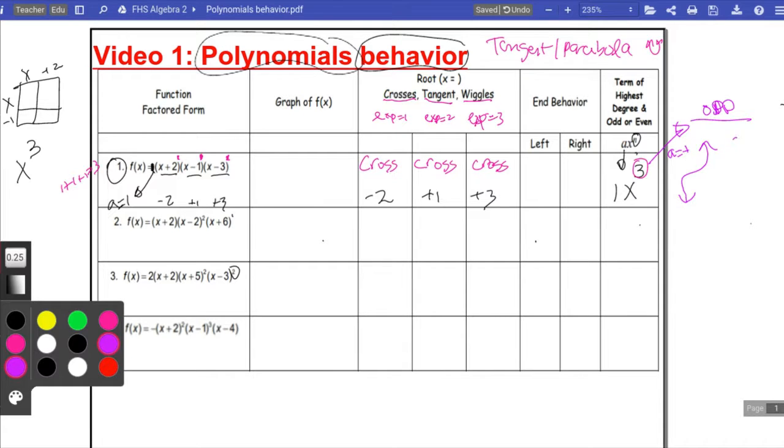When A is negative, start from the top, then you go down. So in this case, A is positive, started from the bottom, now we're here. Opposite direction. All right, cool. Let's now graph it.